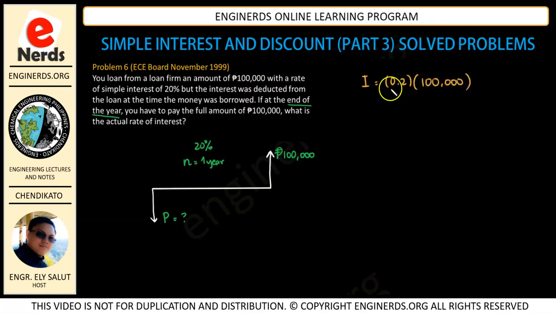So, 20% of 100,000 pesos is equal to 20,000 pesos. Let me put a peso sign because this is an interest. So, may value na tayo ng I.